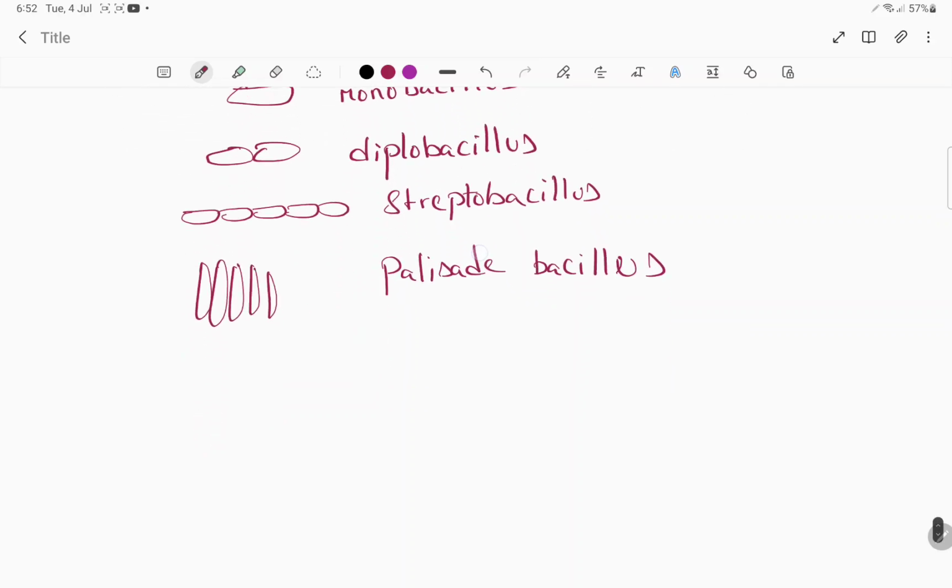And next, spirillum, and the plural is spirilla. They are twisted like a screw, and they are free single cells. Spiral shaped, and they are large, reaching up to 20 micrometers also.